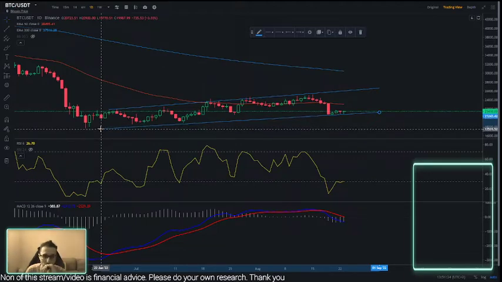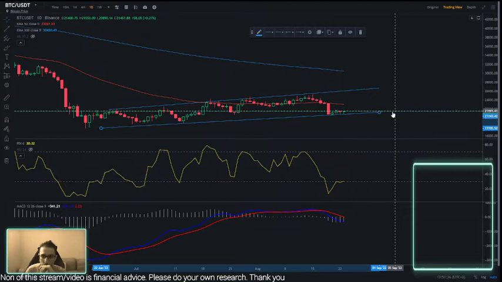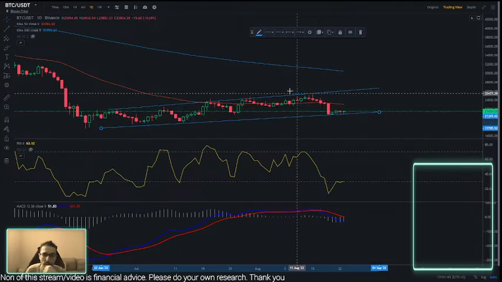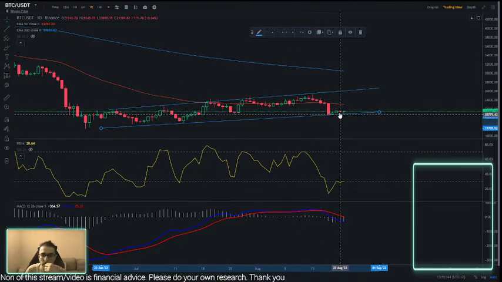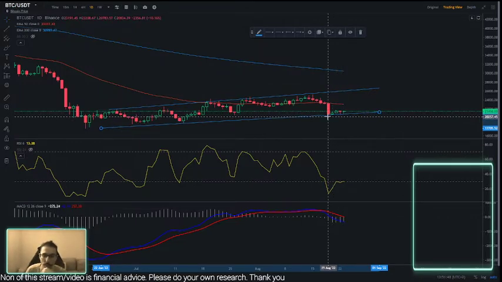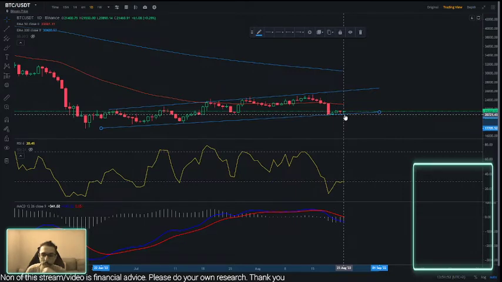Alright, so again, kind of, but, and this is something we have not seen a lot, is that for 4 days in a row, maybe 5 now, the base, the support line has been tested.